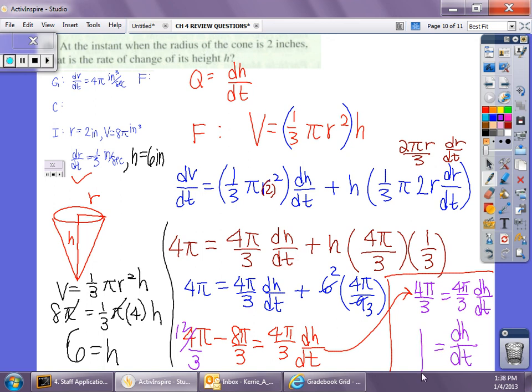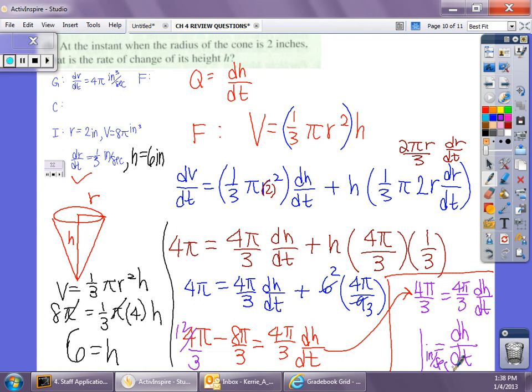You actually could have done this problem by using the proportion from the beginning, r over h is equal to, and finding how much the height is at that instant, and you could have done the whole problem without using dr/dt or using the radius at all. That actually would have worked. So I get 1 inch per second.